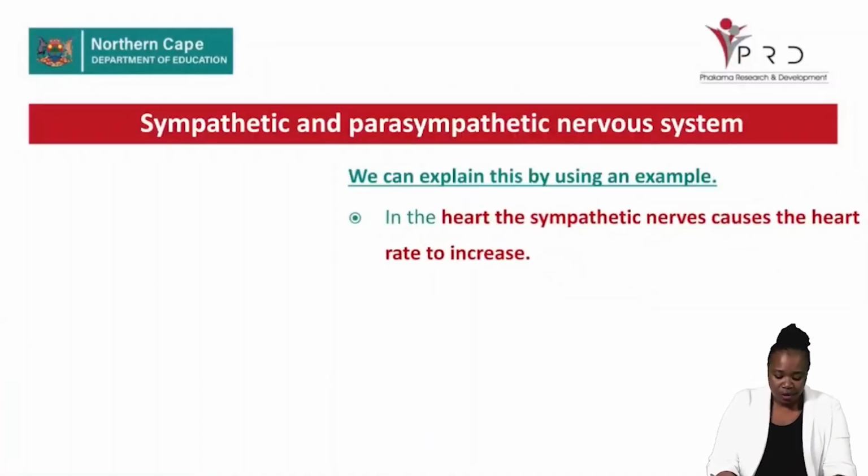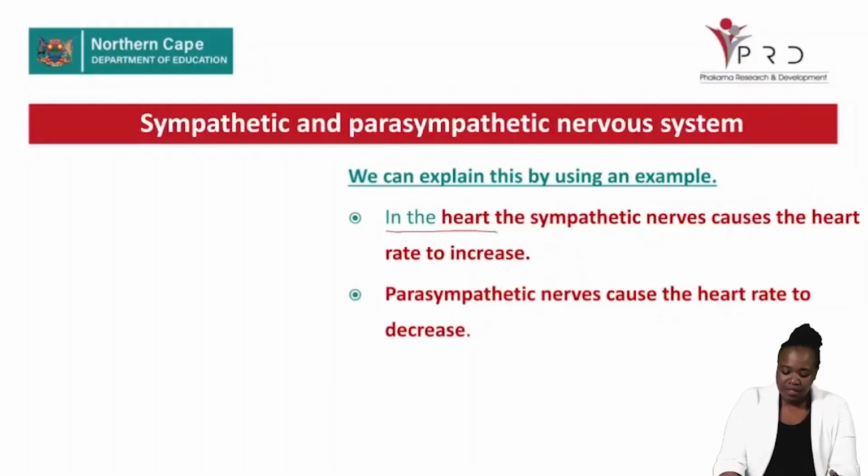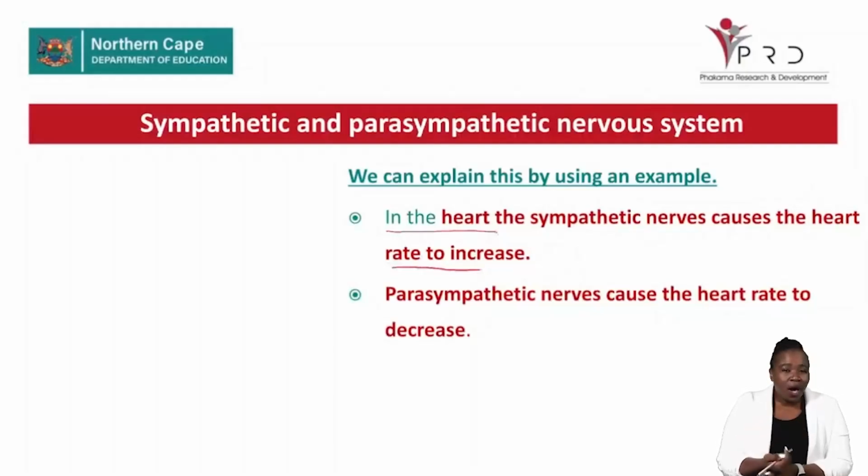Right. Okay. So we can also explain this: in the heart, the sympathetic nerves cause the heart rate to increase. Again, when you are running away from that emergency situation, your heart rate is going to increase. It's not just increasing for no reason. It is increasing because you are going to be pumping a lot of blood to your cells, in order to provide your cells with energy so that you can run quicker if it is flight mode, right?